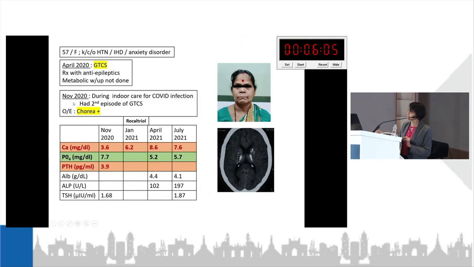So here is an example of a lady who presents in her mid-50s with a GTC. It doesn't get investigated and the patient is just put on an anti-epileptic. On the anti-epileptic, she again presents with a GTC where the rest of the parameters are put together, and here is the story.